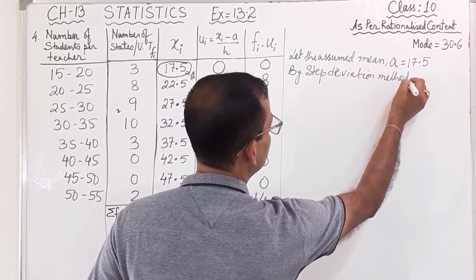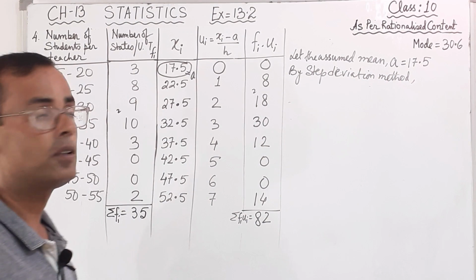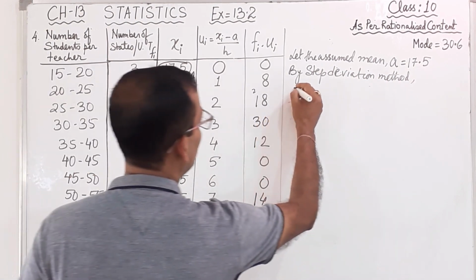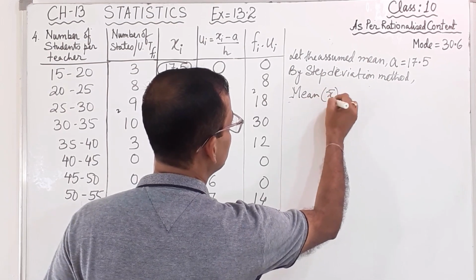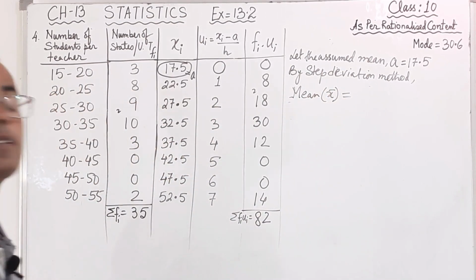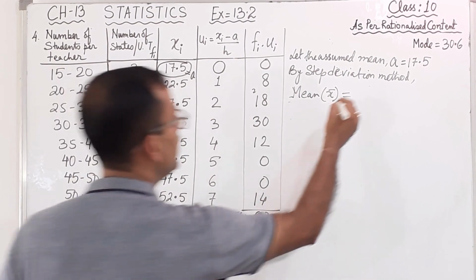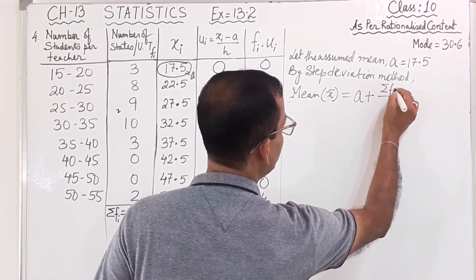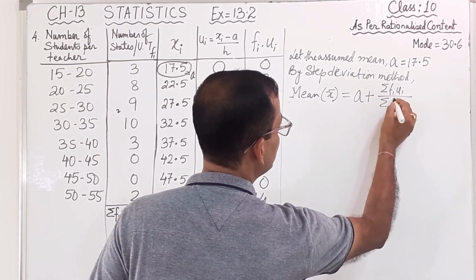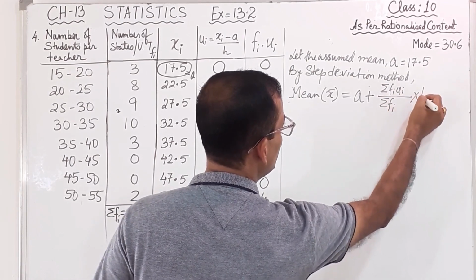By step deviation method. Clear? No? That means we are writing the formula of mean according to the step deviation method. Okay. So mean x bar equal to a plus, now summation fi ui by summation fi into h.